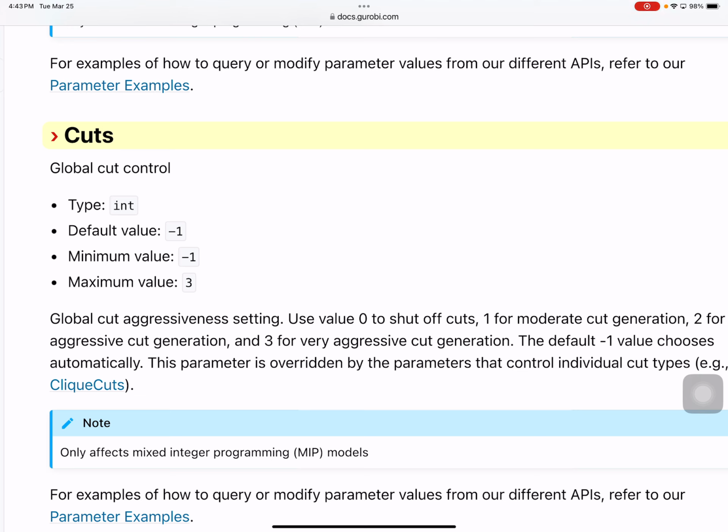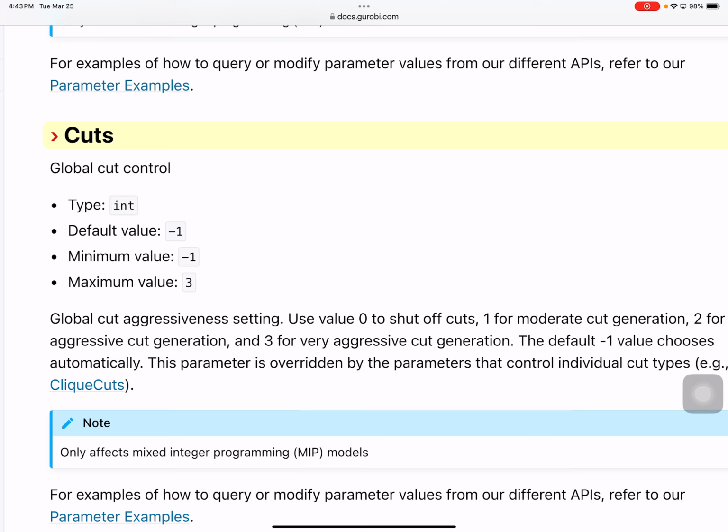This parameter is called Cuts. Again, usually the default value is -1, you just let the solver choose, because in Gurobi they have some fine-tuned heuristic to decide how aggressively to add each type of cut. But you can change it as well. If you change this value to 0, you shut off cutting planes.